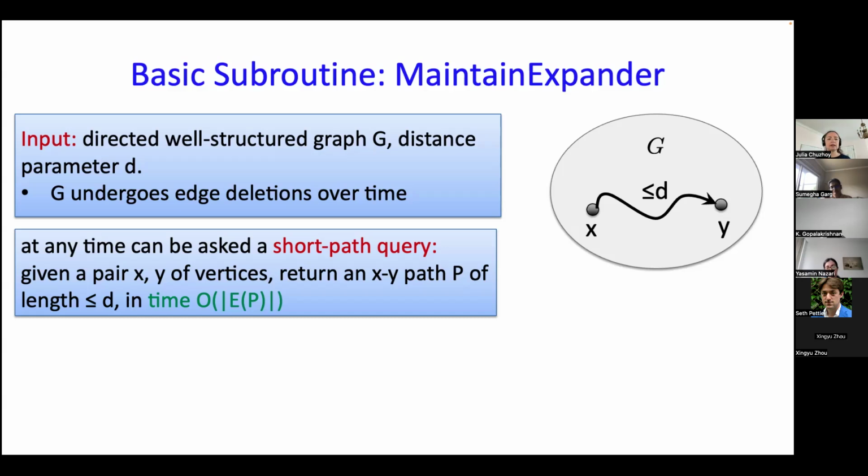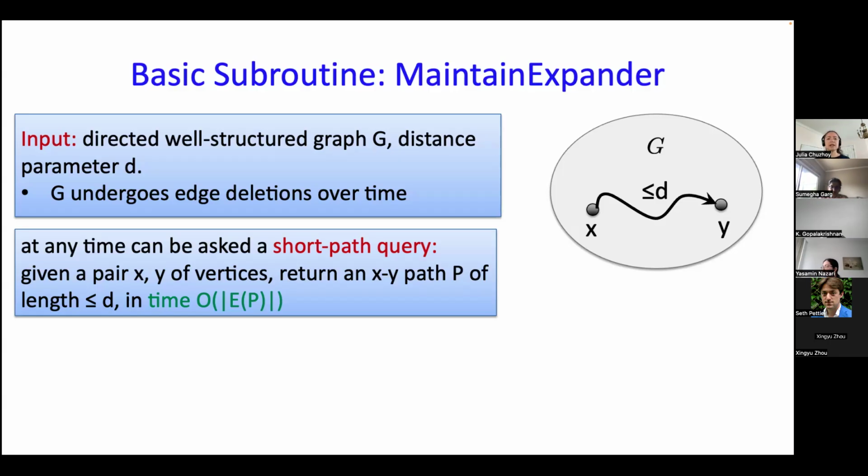And the time that it takes to respond to this query should be roughly bounded by the number of edges on this path. Of course, it's possible that the diameter of G is just too big and such a path does not exist. Or maybe it existed at the beginning, but we deleted some edges and the diameter became too large and now it doesn't exist.